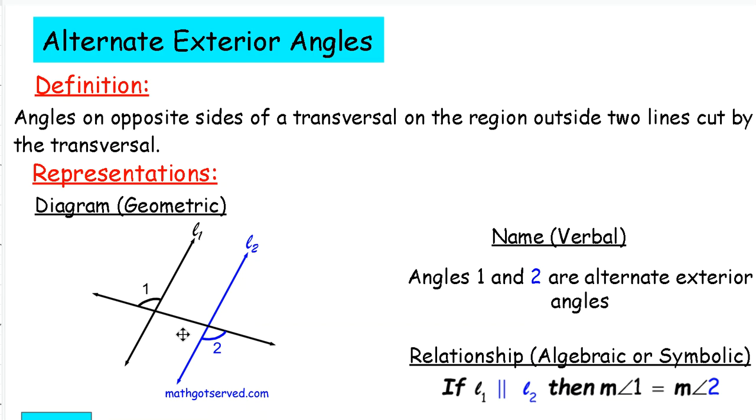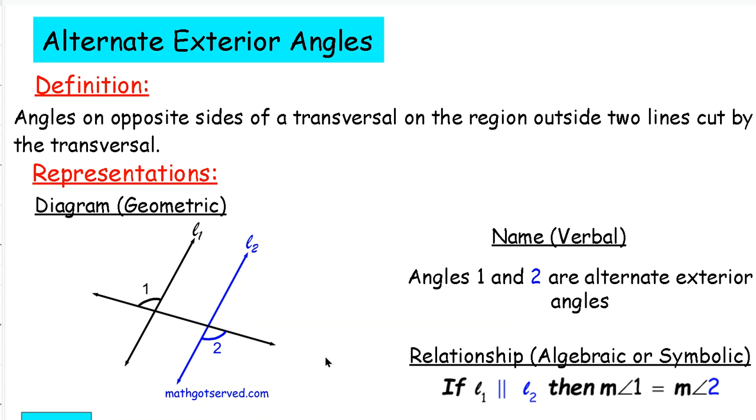And the region outside that's not bounded between these two lines is the exterior. So this is the exterior and this is the exterior. Okay, so since the angles are on the exterior, on the outside, and on different sides of the transversal, or the alternate sides of the transversal, they are alternate exterior angles.